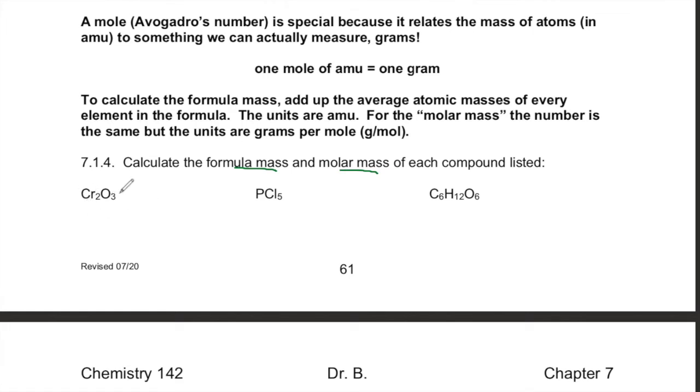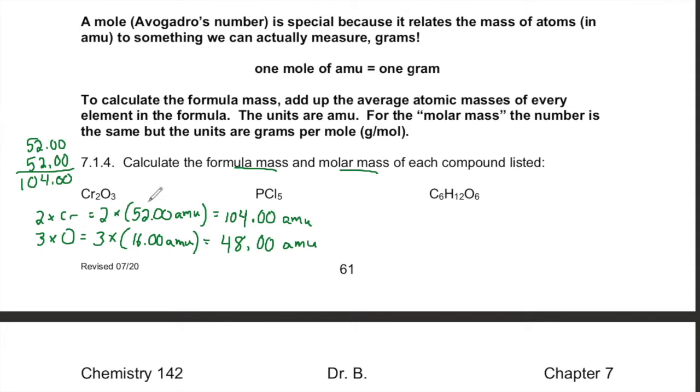So the formula chromium(III) oxide has 2 chromium and 3 oxygen in the formula. So we have 2 chromium and we have 3 oxygen. If you look on the periodic table, chromium weighs 52.00 AMUs and oxygen weighs 16.00 AMUs. These particular elements happen to be very close to whole numbers with their average atomic masses.